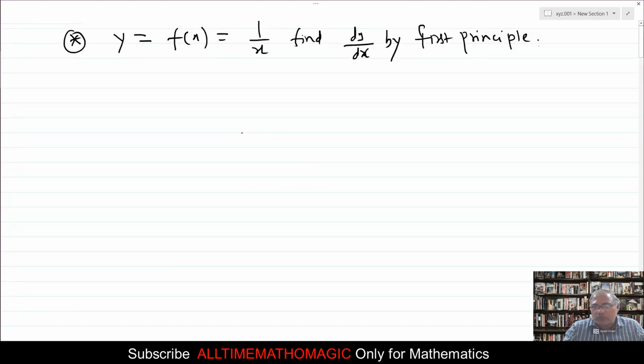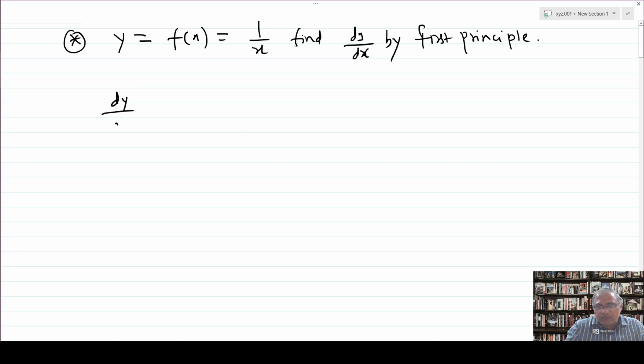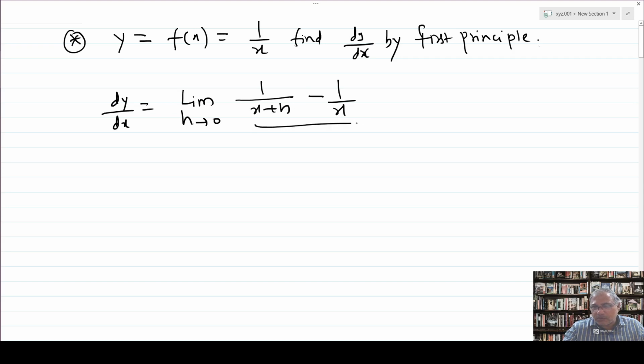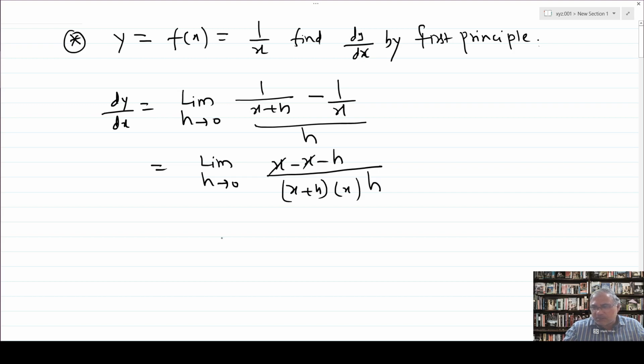If y equals f of x equals 1 upon x, find dy by dx by using first principle. dy by dx equals limit h tending to 0, 1 upon x plus h minus 1 upon x upon h. Here I have taken so many shortcuts; now you are aware of the steps. Therefore, x minus x plus h upon x plus h into x, and upon h is there.